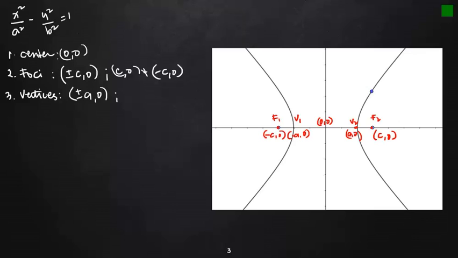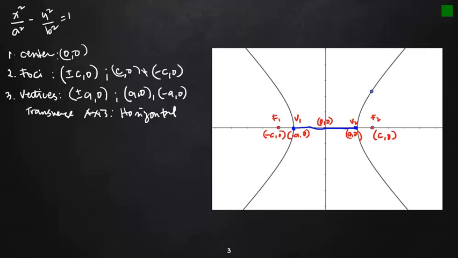For our vertices, we have (a, 0) and (negative a, 0) as the endpoints of this segment joining v sub 1 to v sub 2. This segment is actually called the transverse axis. The transverse axis in this illustration is horizontal. The two vertices are the endpoints of the transverse axis.